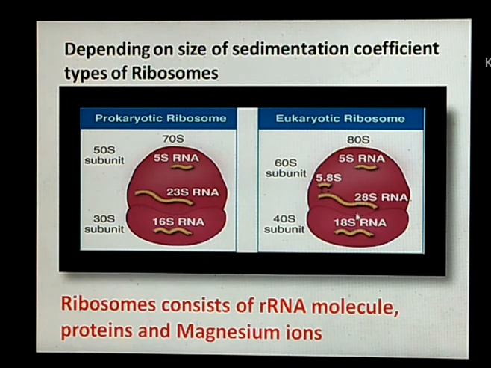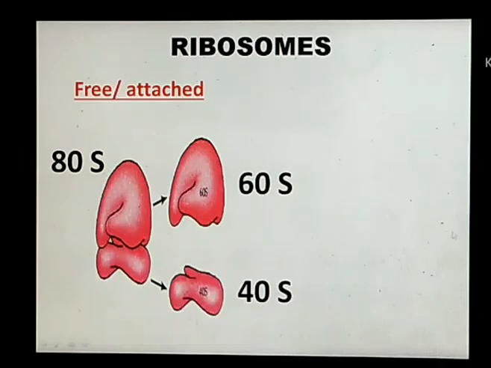Ribosomes also consist of highly folded rRNA molecules, that is ribosomal RNA molecules, many proteins as well as magnesium ions that play a very important role in protein synthesis. As we had discussed earlier, ribosomes are free or attached. The larger subunit is 60S, the smaller subunit is 40S.